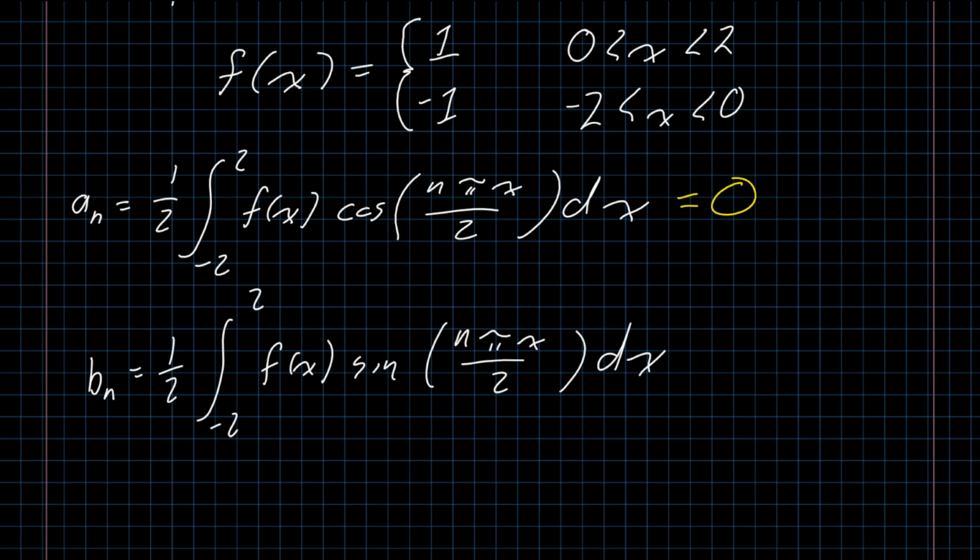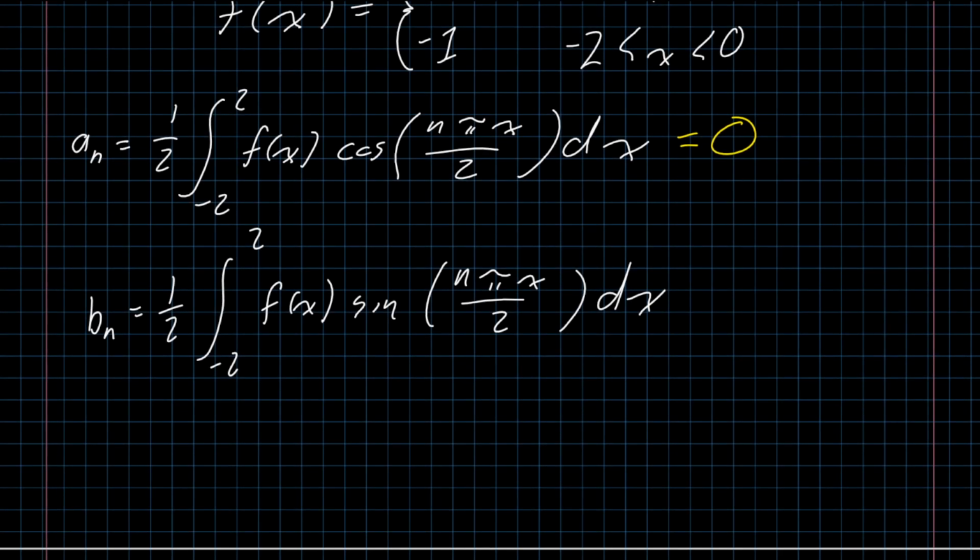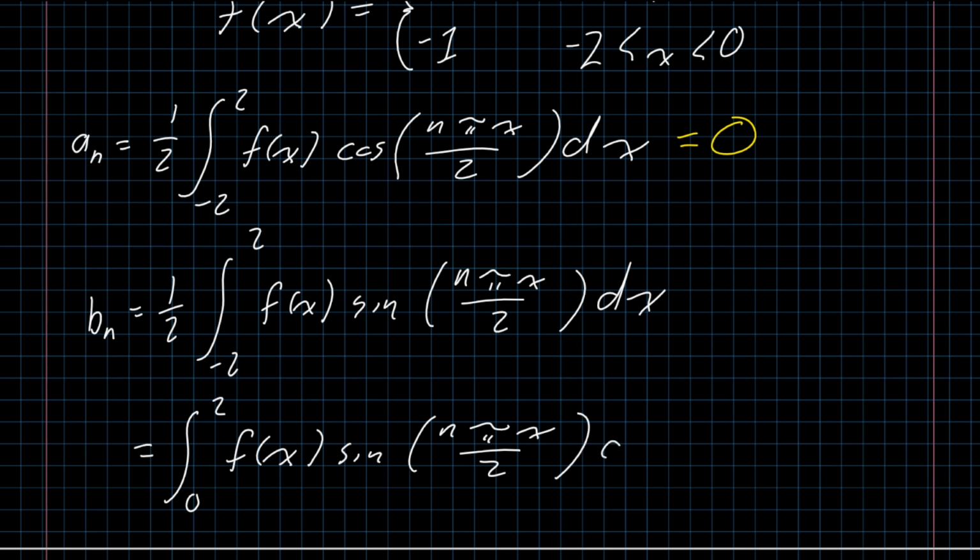And in fact, when you have even functions, you can make your life a little bit easier by saying that, well, this is just double what you would get if you just went from 0 to 2. That double will cancel out with the 1/2 that was in front before, leaving us with just the integral by itself now.